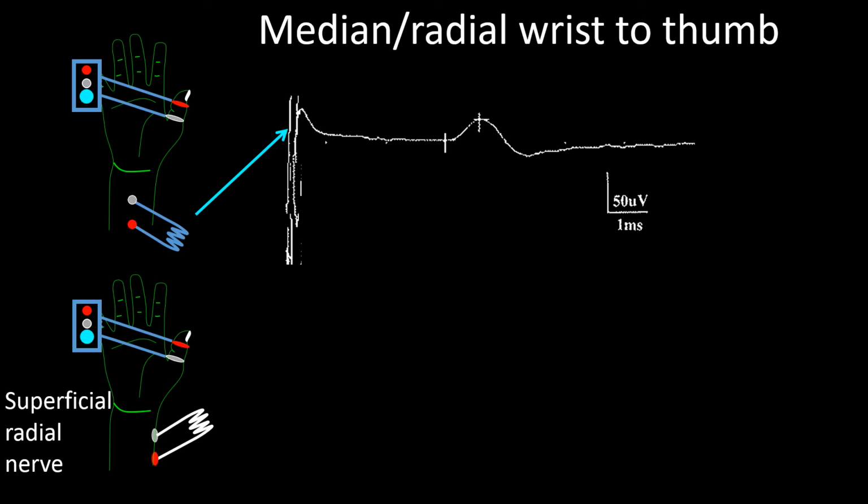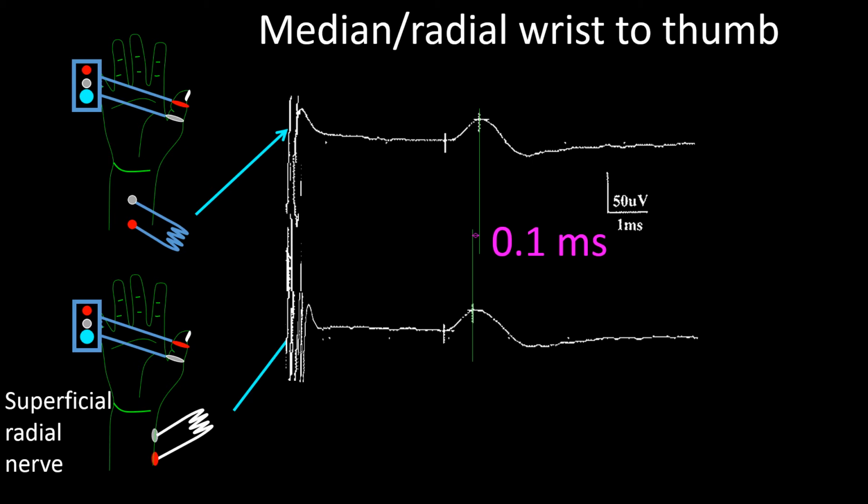Then we stimulate the superficial radial nerve. We do this by placing the stimulating electrode above the superficial radial nerve in the dorsal aspect of the forearm, just above the wrist. The potential often obtained looks rather similar to the prior potential.